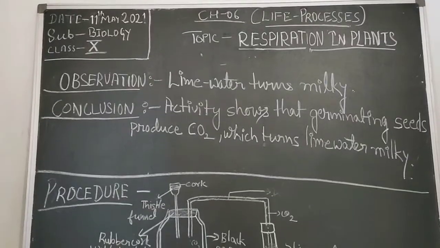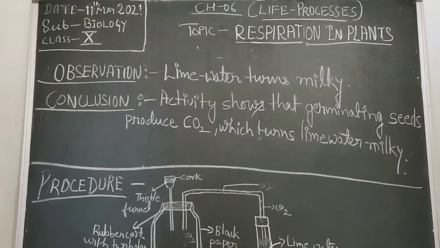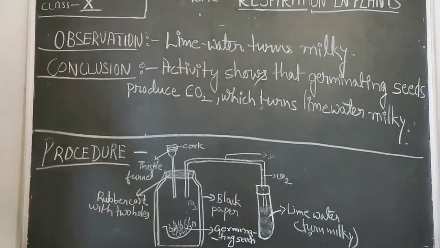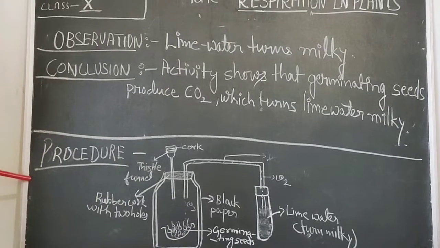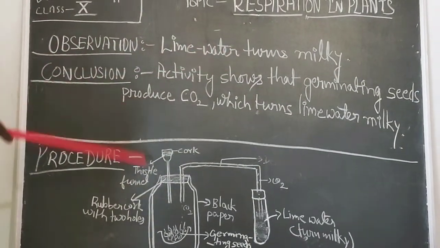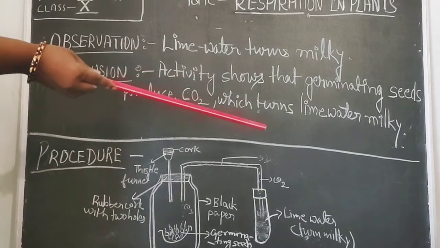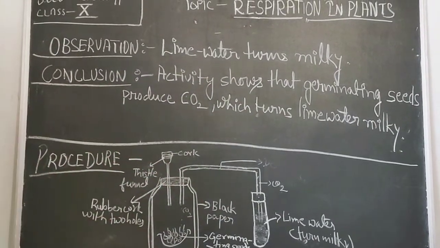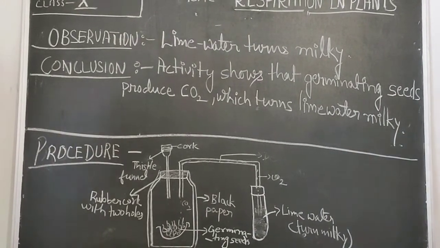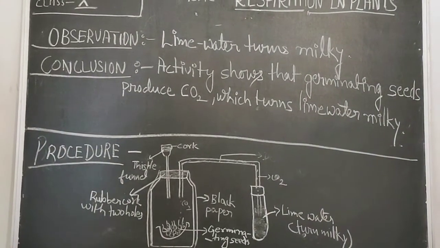Students, the observation is that lime water turns milky here. So we conclude from this activity that germinating seeds produce carbon dioxide, which turns lime water milky and confirms that carbon dioxide is released during respiration.